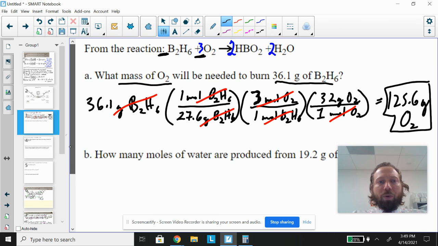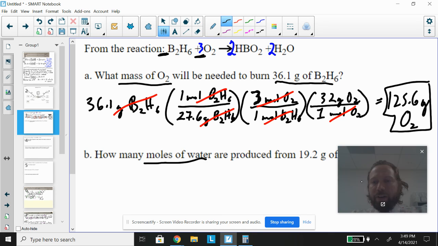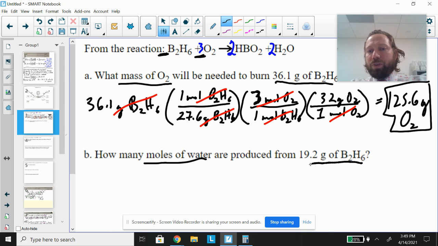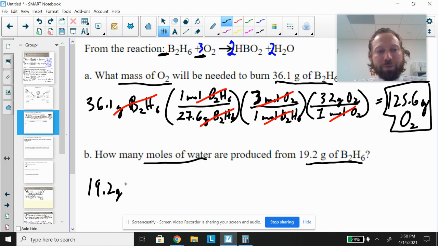We're going to do one more before we head out here. We're going to figure out the moles of water. So in this case, water is my unknown. That's produced from 19.2 grams of B2H6. So here we go. We have 19.2 grams of B2H6. We always write what's given to us.